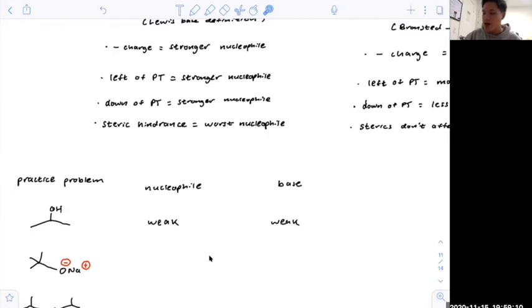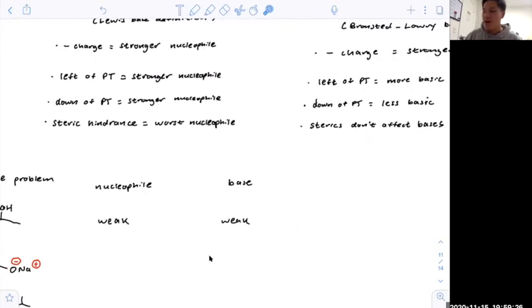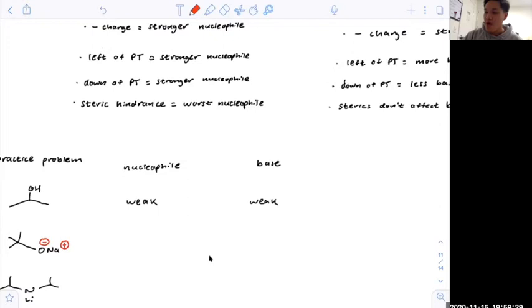It's a strong nucleophile. Down, it's okay. It's still an okay nucleophile because of this negative charge that's carrying it. But we have a lot of steric hindrance. Look at this tert-butyl group right here. That's hindering it. So in that case, when I said here that sterics don't affect bases, this is a weak nucleophile, but this is a strong base, right?